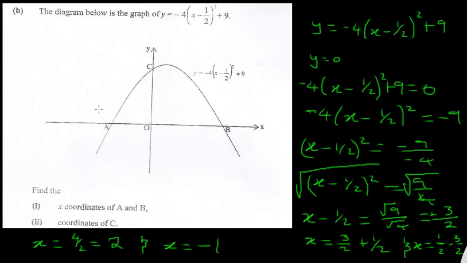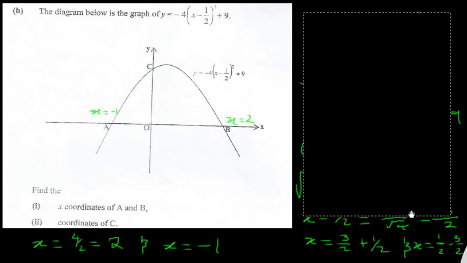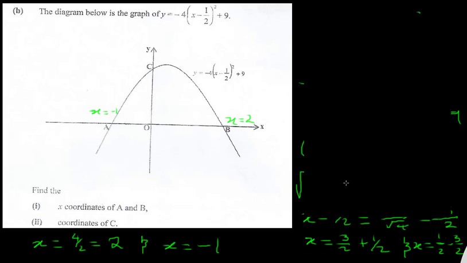And those are the values of the x coordinates at A and B, so therefore at A x equals minus 1 and at B x equals 2. So let's see how we can work on part 2 of this question.